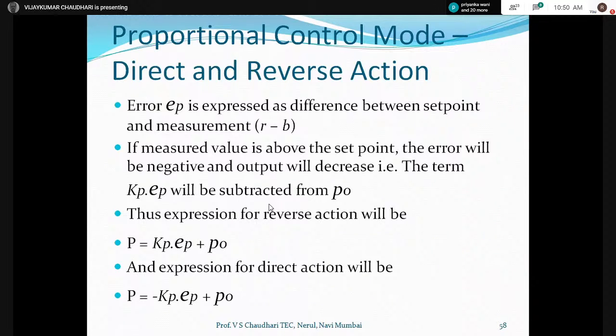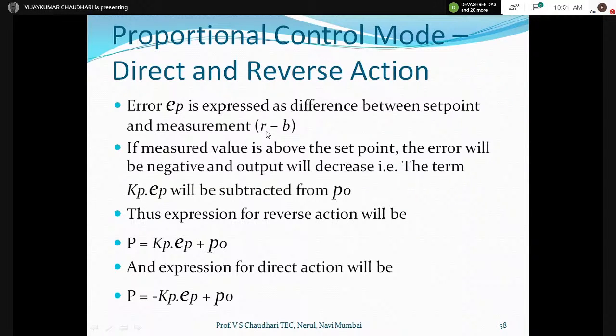Again, let's come to the direct action and reverse action in proportional controllers also. Like in discontinuous control mode, two-position and three-position routing control, here also we have direct and reverse action. Here Ep is expressed as the difference between set point and measurement, R minus B. We know if the measured value is above set point, the error will be negative.